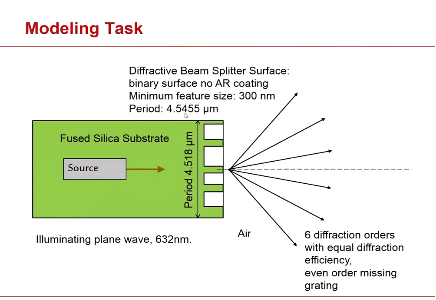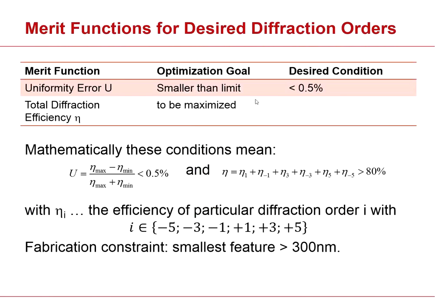This has been fixed to define the positions of these orders already, and we would like to have a beam splitter with 6 diffraction orders, which should have an equal diffraction efficiency, and we would like also to have a restriction with respect to the minimum feature size of 300 nanometers.